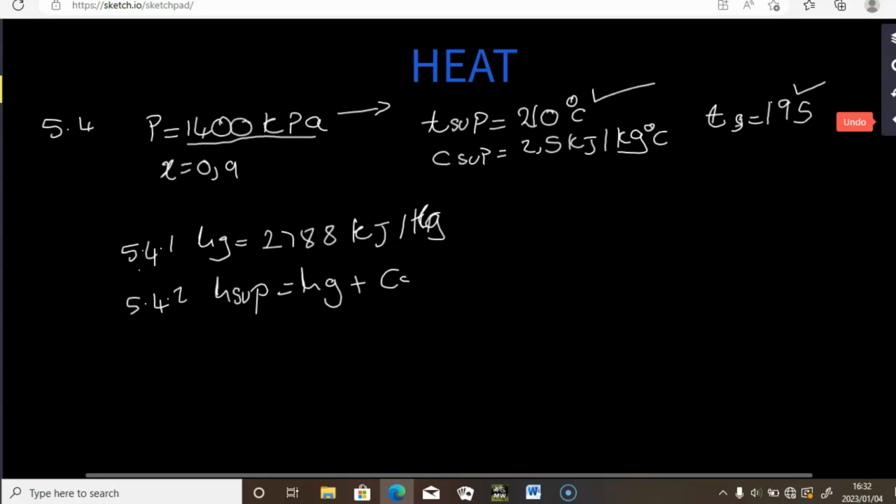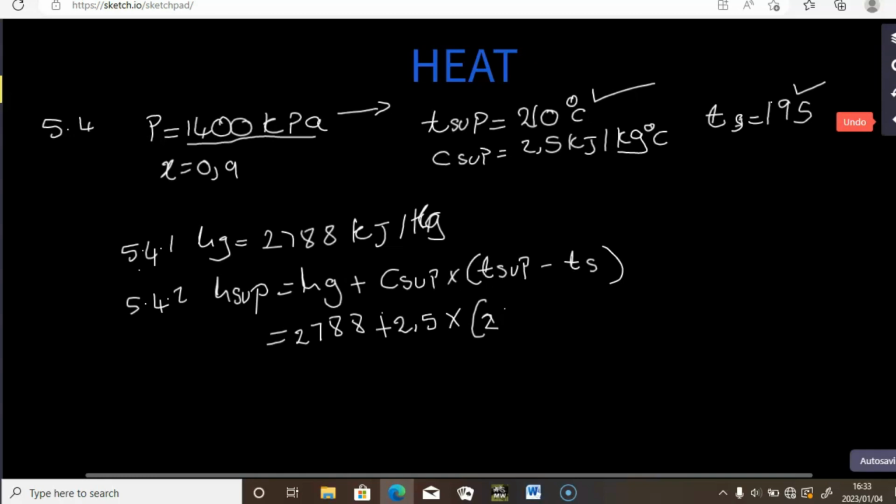plus the specific heat capacity of the superheated steam times, in brackets, T sup minus the saturation temperature. This is 2788, plus specific heat capacity 2.5, times 210 minus the saturation temperature, which is 195.